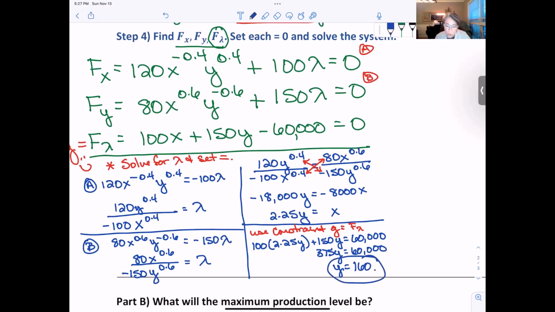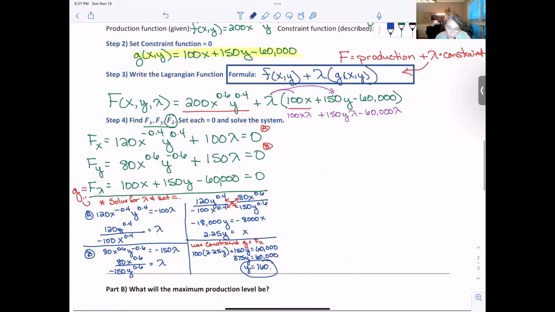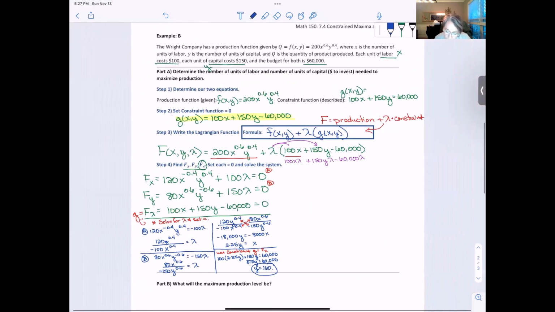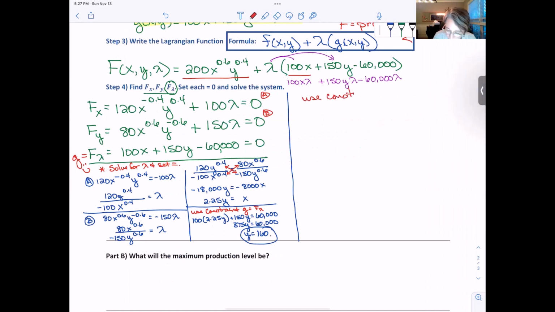So we have found the y value, which is, I think, what did we say? Y was the capital. We still have to go back and find what the x is, so we can still use the constraint. So we have 100x plus 150, but we now know our y is 160, equals 60,000.